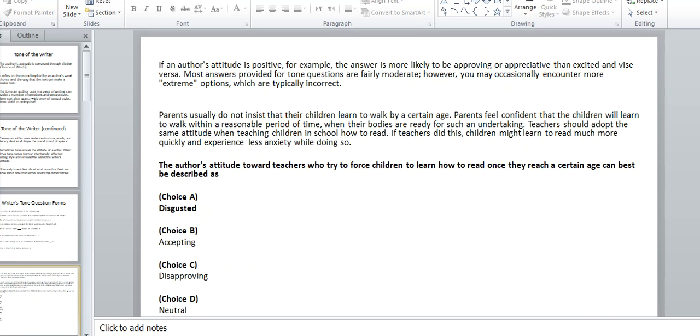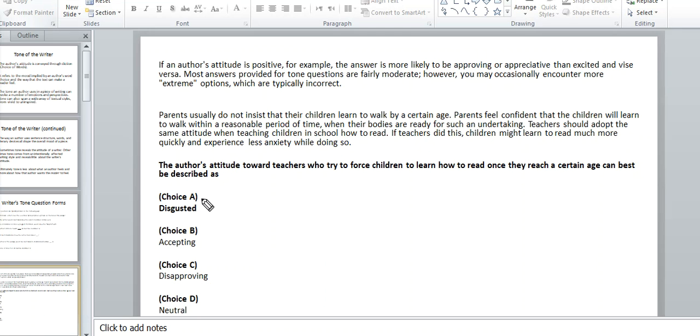They're also being impatient. So the attitude here from the word usage is quite negative towards or against the teachers. So we have to look for a negative answer. Disgusted is a negative answer, that's a possible one.